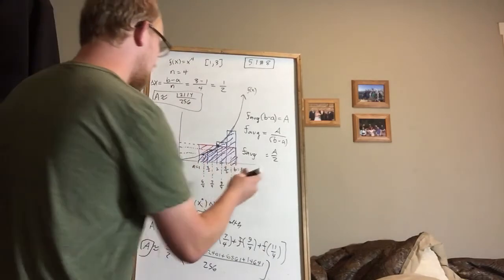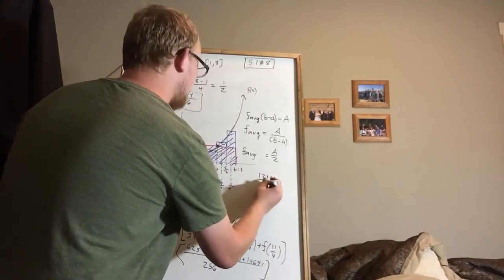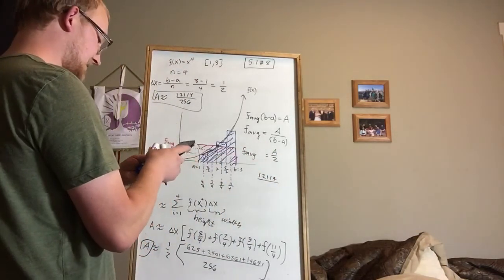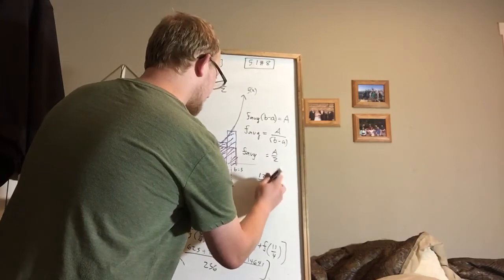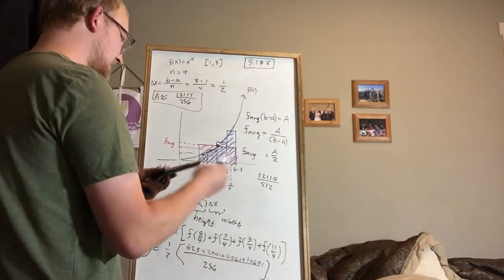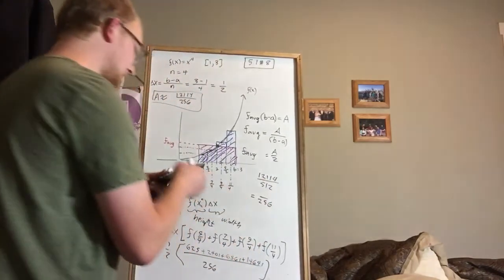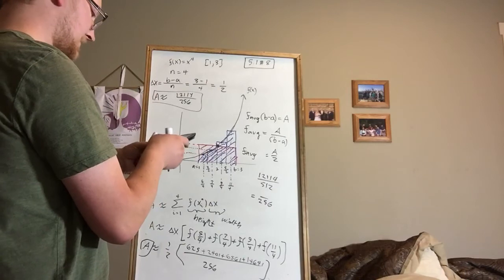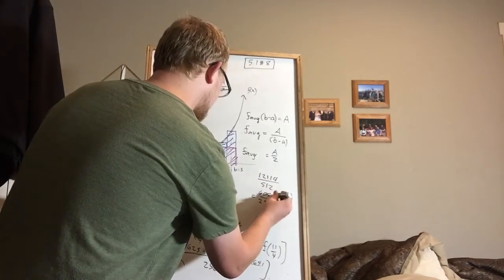So I've got 12,114 over 256 times 2. 256 times 2 is 512. And then we can divide both the top and the bottom by 2. Gives us 256 in the denominator. And in the numerator we get 6,057.